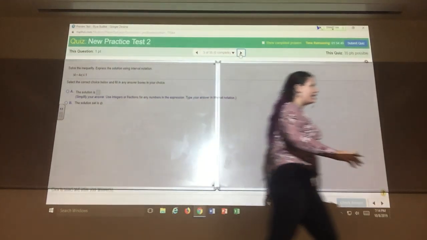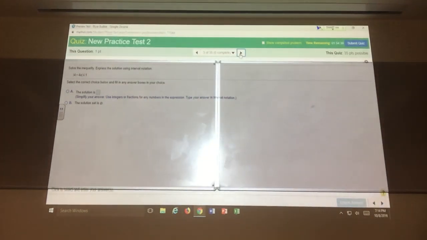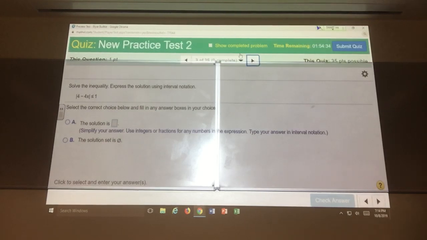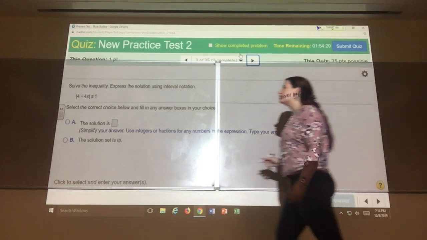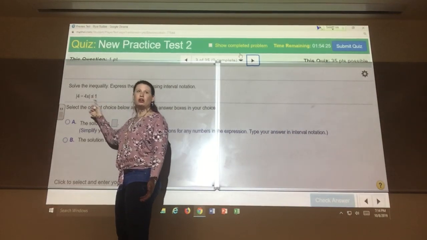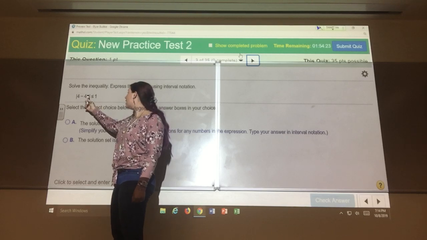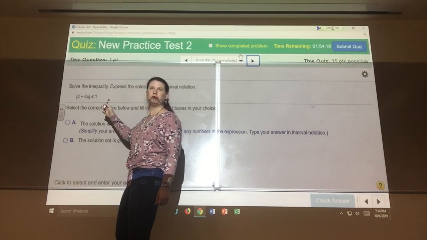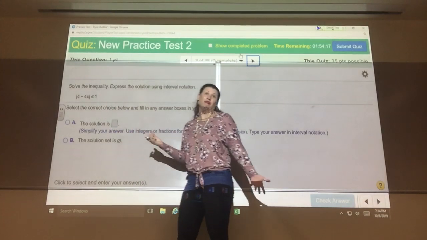Maybe if I tried enlarging it, that would help, because it's so small. Does that help? Yeah. Okay, we'll go with that.